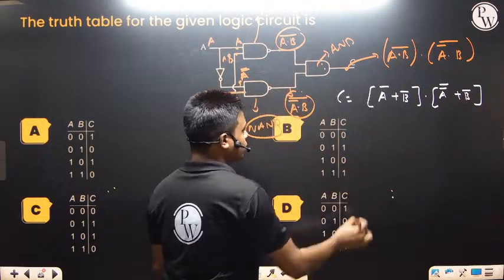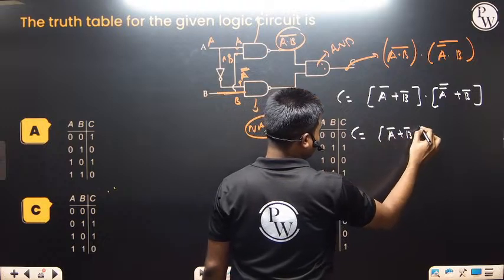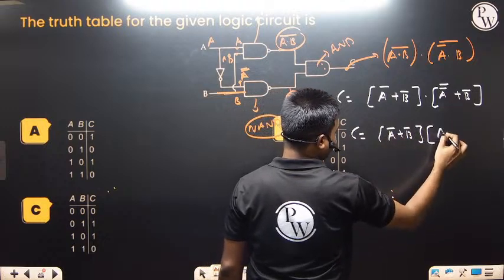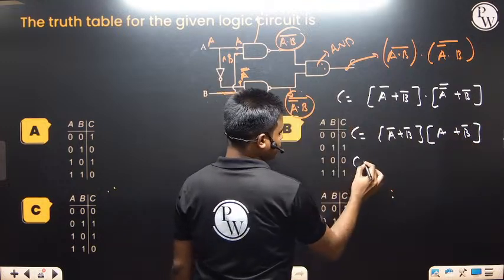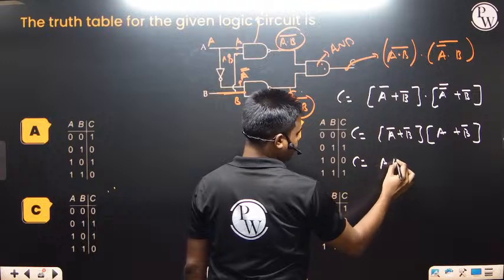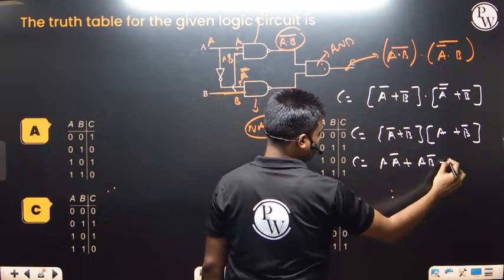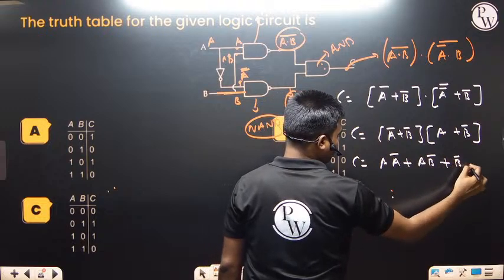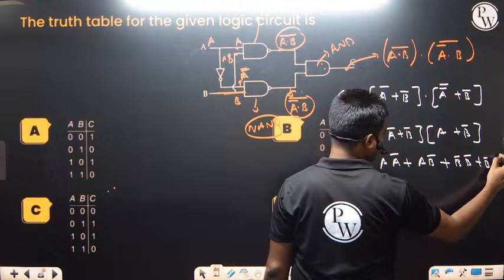Okay, so this C we can write further as A bar plus B bar, and this one is A plus B bar. So open this. C is equal to A into A bar plus A into B bar plus B bar dot B bar plus B bar dot A bar.